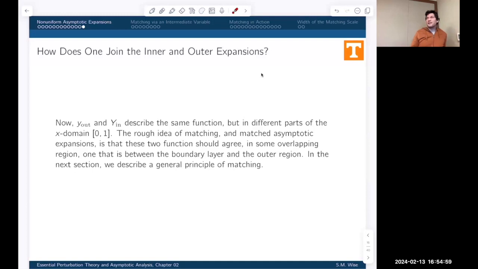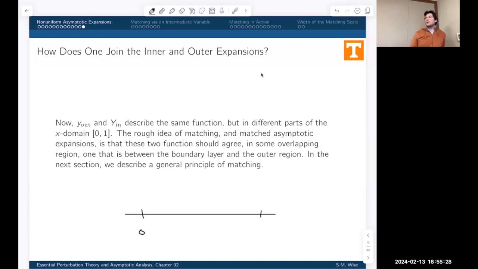On one hand, we stayed well away from the boundary layer, and then on the other hand, we dove right into the boundary layer. So these are asymptotic expansions for different intervals or subintervals of the domain, but it's really the same function, so they should agree in some sense. So the idea of matching is that we know that it's the same function and they should agree.